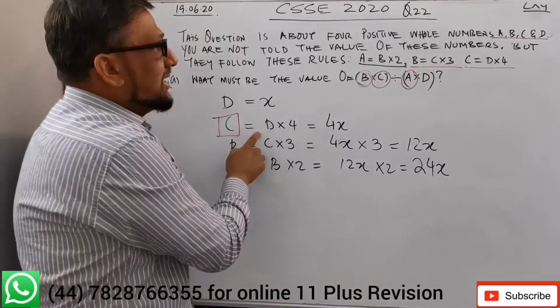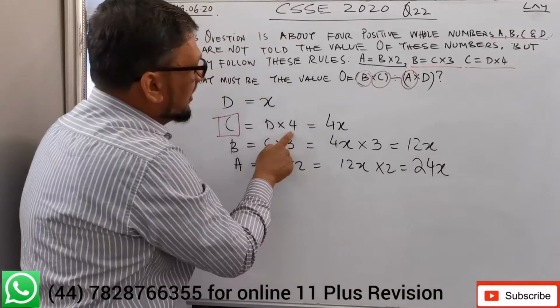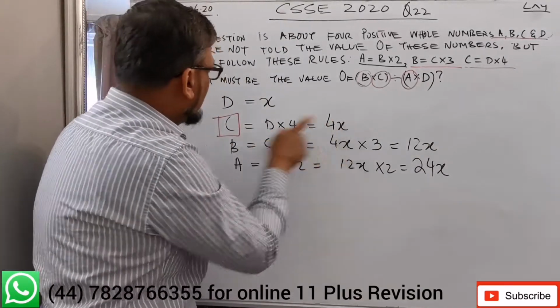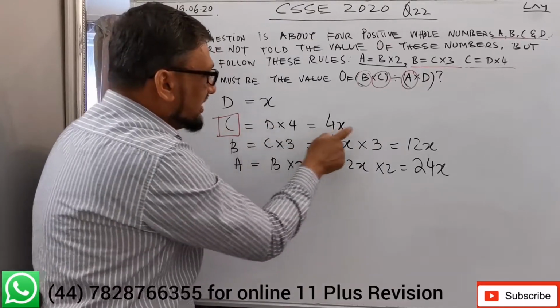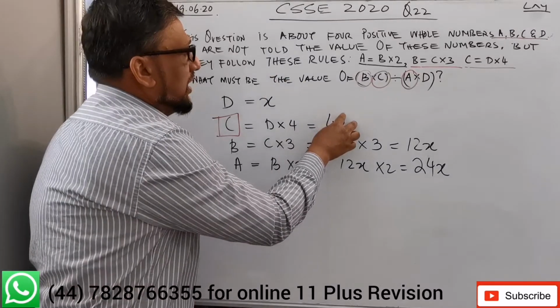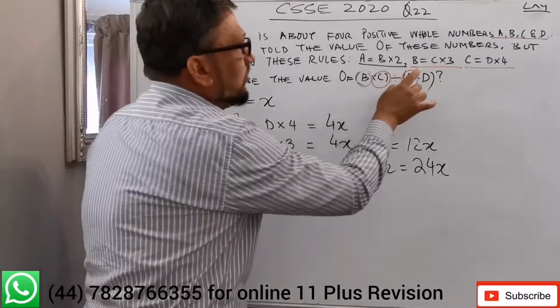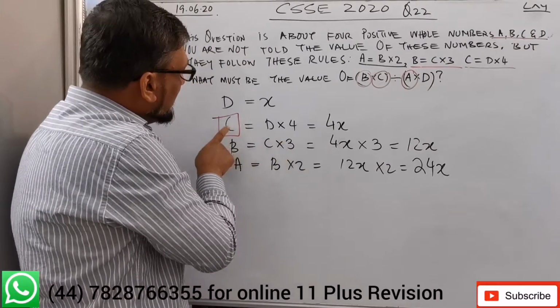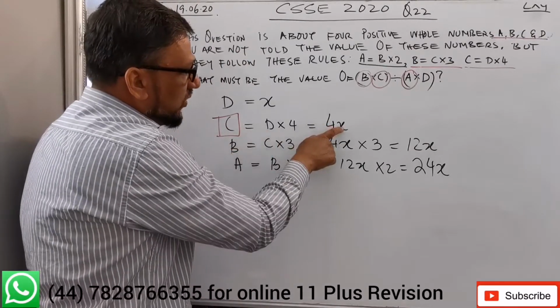So C equal to D times 4 and D equal to X. So X times 4 is 4X. So the final value of C equal to 4X. Exactly the same way, we know that B equal to C times 3, and C we worked out is equal to 4X.